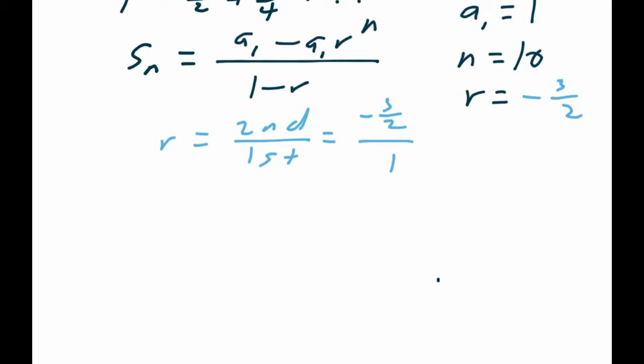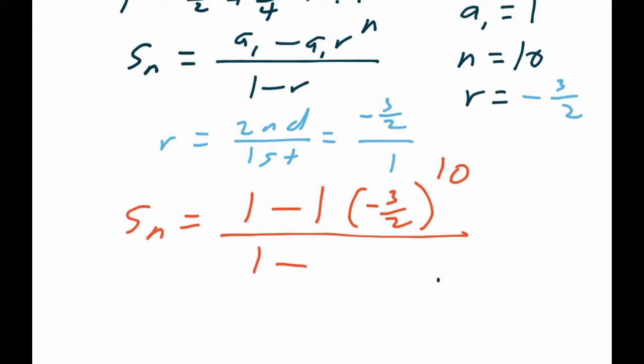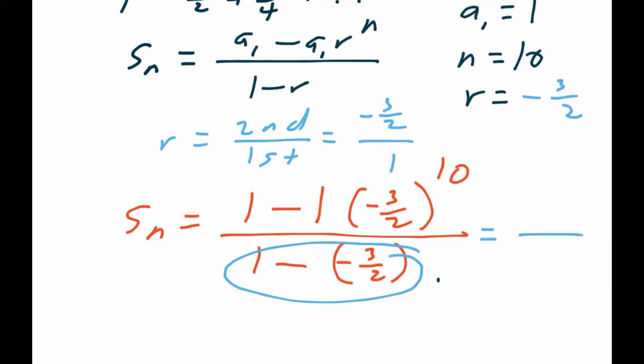So let's plug this into the formula. A sub 1 is 1, minus 1 times negative 3 halves to the 10th, divided by 1 minus negative 3 halves. To make this easy on me, I'm going to start off by plugging in 1 minus negative 3 halves into my calculator so that I know that the bottom is 2.5.